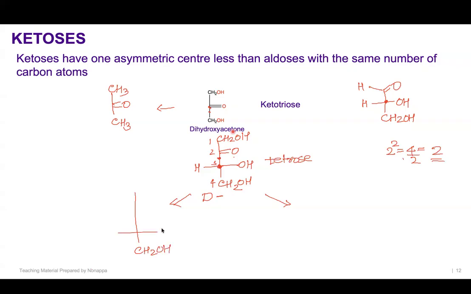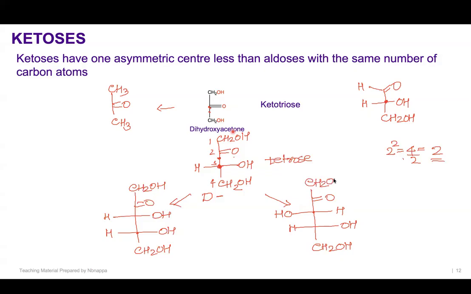We write the original backbone structure the same, and then one hydroxyl group here, and then we have the ketone, then CH2OH. Then we can write one more structure. Again, the backbone remains the same, except the position of the hydroxyl group here will be different. So now we have written the pentoses.